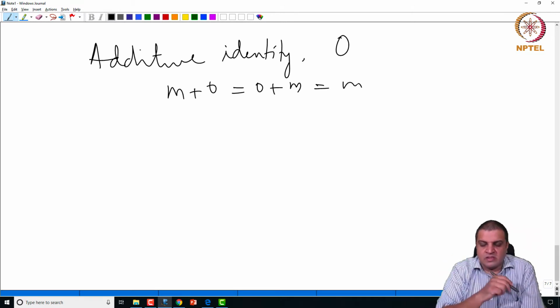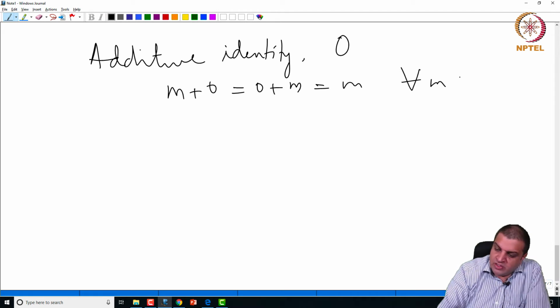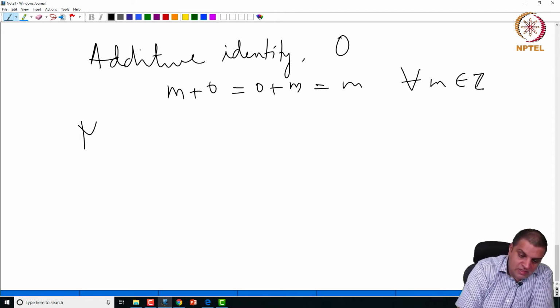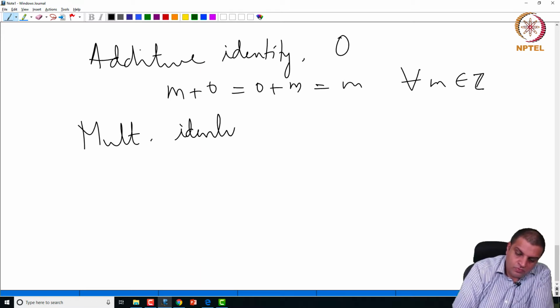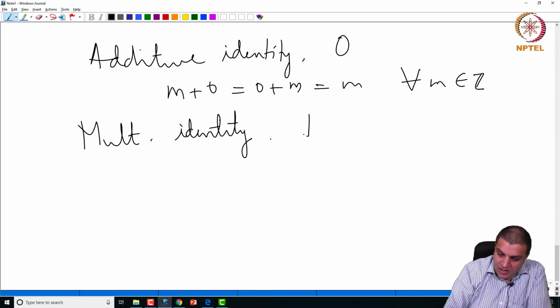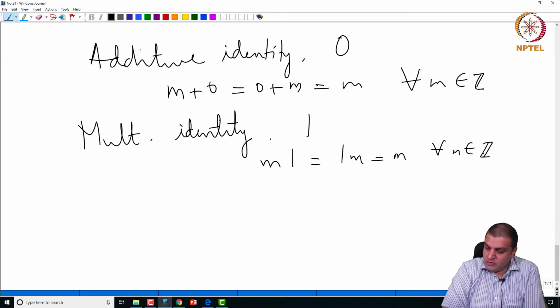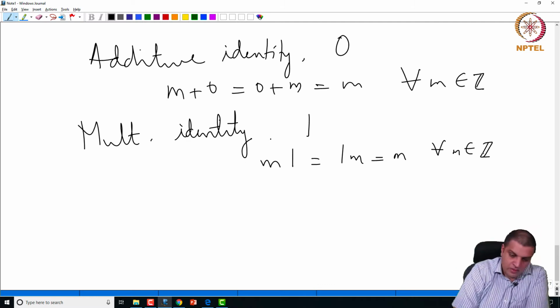Both of these things are the same value, m, for every integer m. And similarly, there is a multiplicative identity, 1, and that says m times 1 is 1 times m equals m for all integers m. So now we come to the definition of a ring.